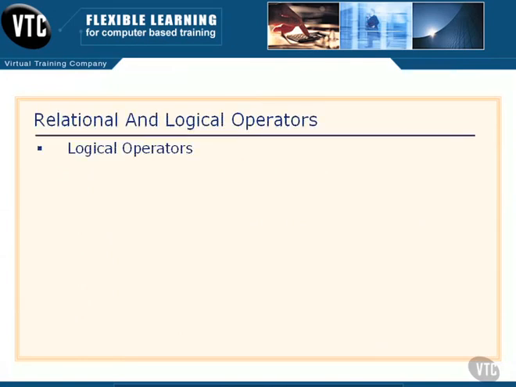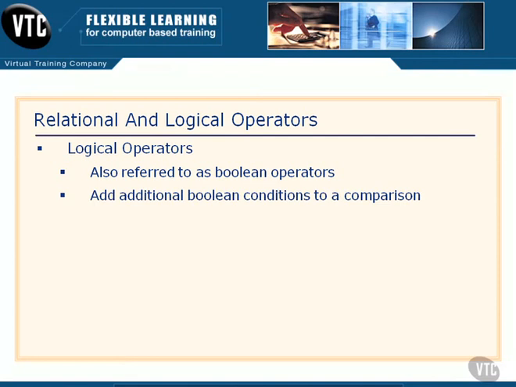Now, a logical operator is where we get the chance to add a little bit more conditions. All right. These are also referred to as Boolean operators, and they just add additional Boolean conditions to whatever comparisons we're trying to work with in our program. Now, here are the logical operators. The not sign.